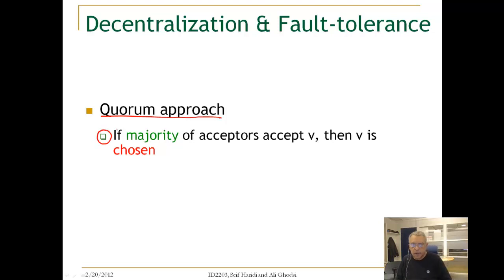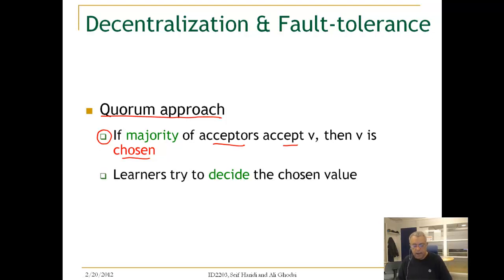This is the value that will be the result, the output, the decision of the consensus algorithm. Remember this terminology: chosen value. Learners will try to learn the chosen value, and they can only decide on this value.